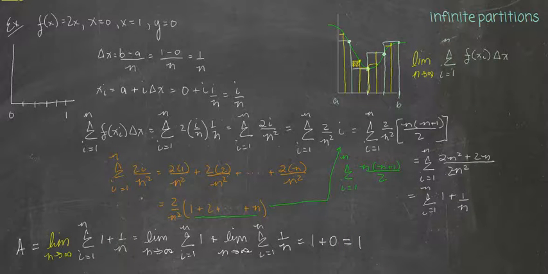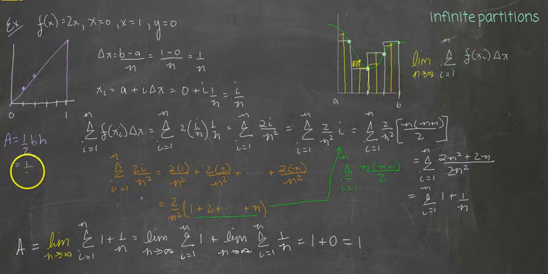Now, we have a way to check this, lucky us, because this is a very simple shape, and so we can calculate the area using older math. f of x equals 2x is just a line with a slope of 2. And we want it on the interval between 0 and 1. So we know that the area of a triangle is 1/2 base times height.